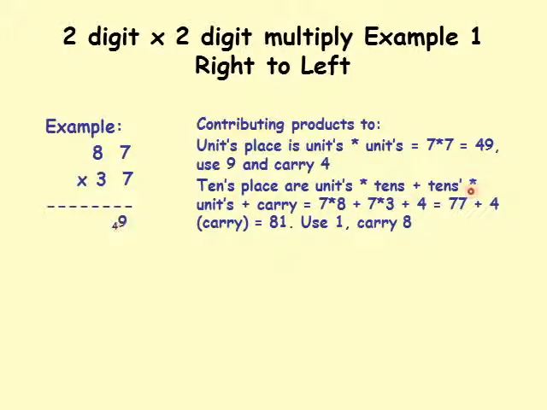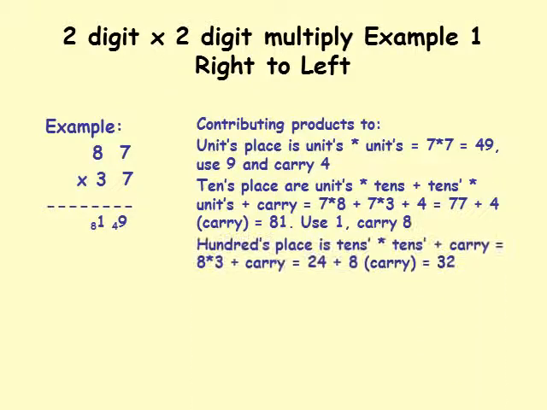Plus the carry 4, 81. With 81, we use 1 and carry 8 for the next column. We'll show 81 like this, 1 to be used in this column and 8 carried for the next column.